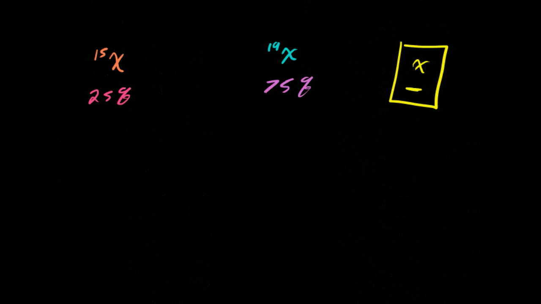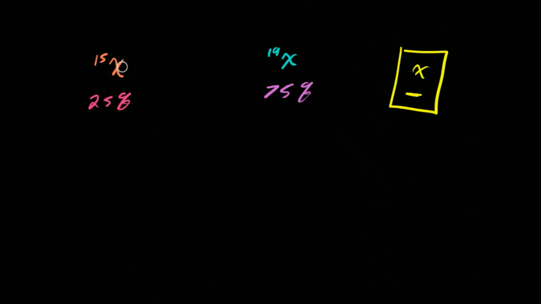So now let's go back to our problem where we had some element X and we had two different isotopes, X15 and X19, and we were going to try to figure out the weighted average of these two different isotopes to figure out what the atomic mass, or really what the molar mass of this element X would be. So how would we go about figuring that out?